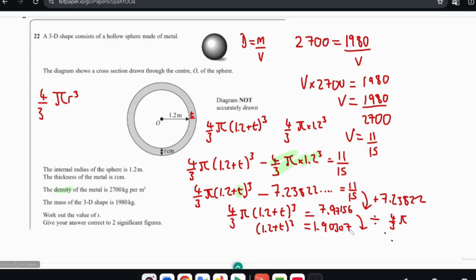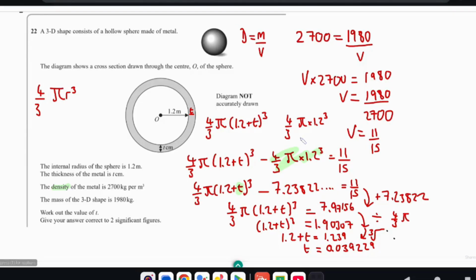Cube root both sides, and then minus 1.2 from both sides. I'm going to write down the full answer here and then round it. Meters. This answer is T in meters because my volume was in meters cubed.